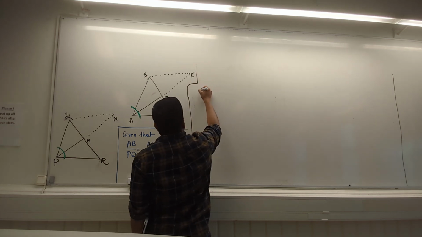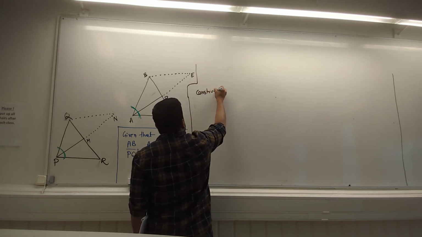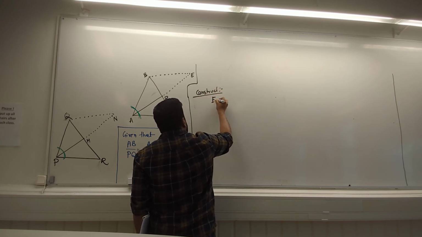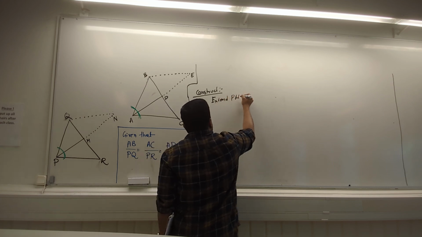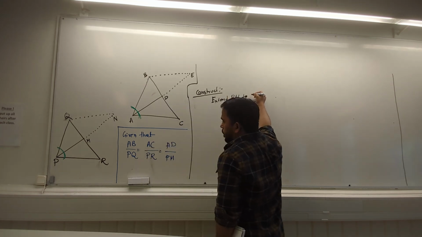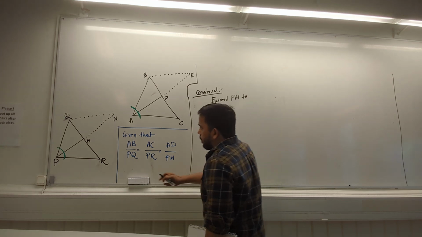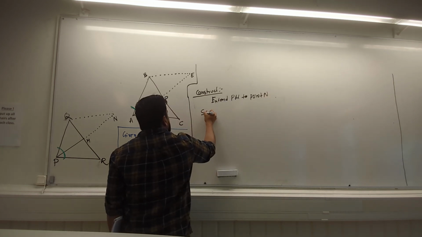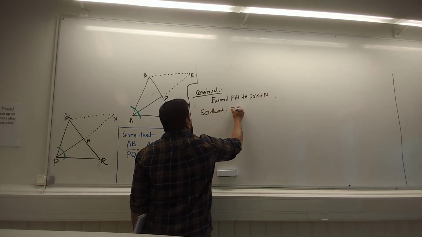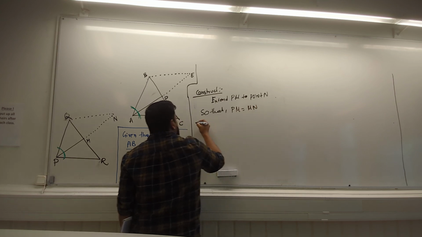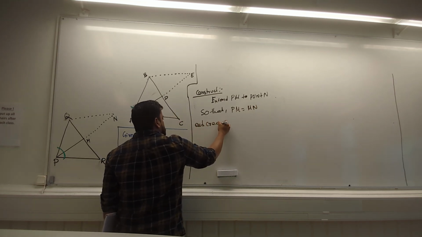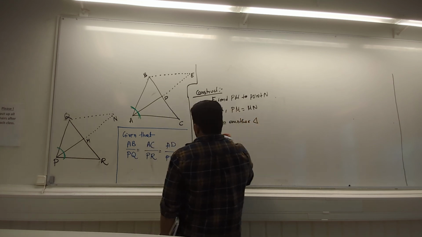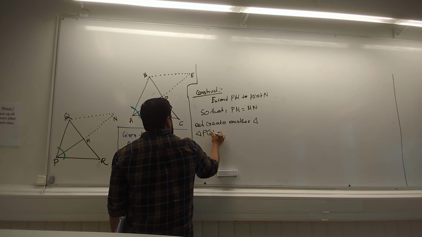That is, construct: extend PM to point N, so that PM equals MN, and create another triangle, that is triangle PQN.